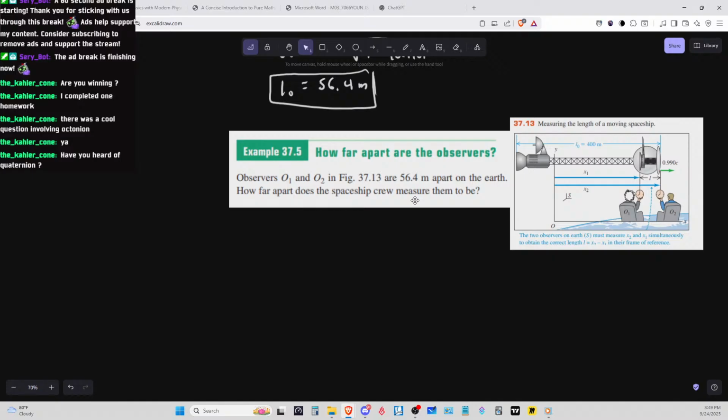I've heard of quaternions. Oh, you wrote octernions. I've never heard of octernions, but I've heard of quaternions. Yeah, I don't know the difference between an octernion and a tensor.